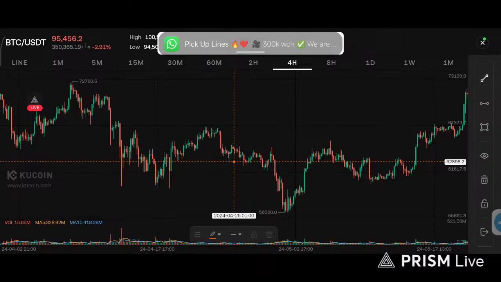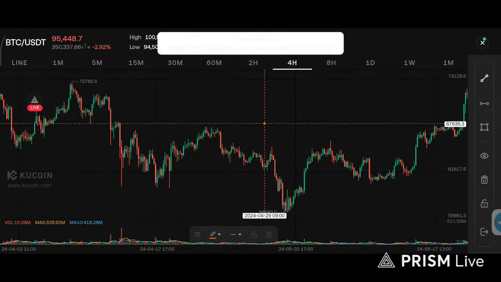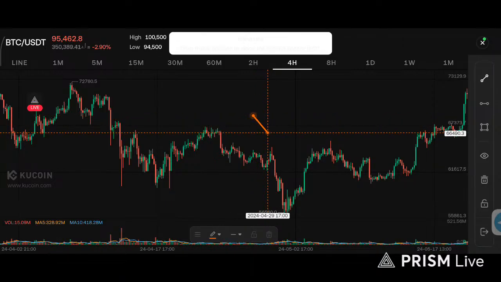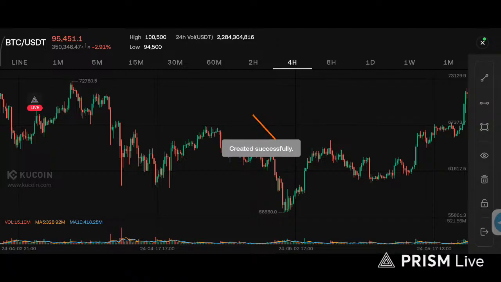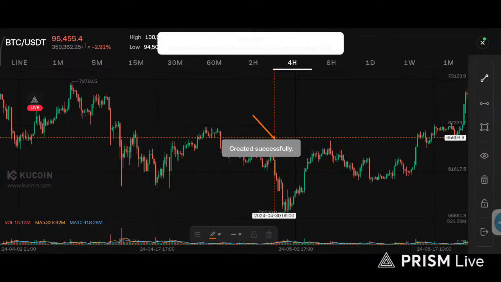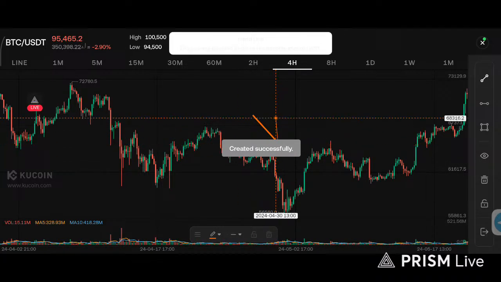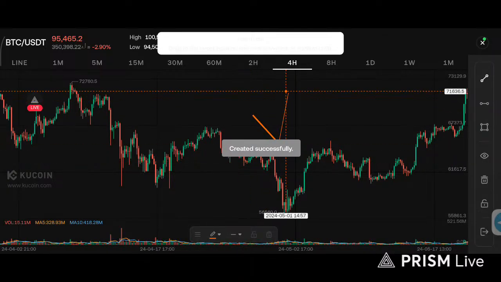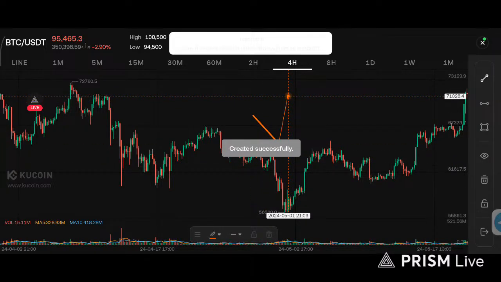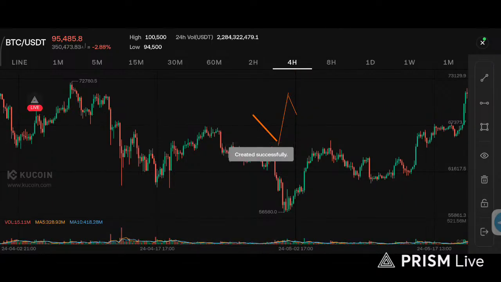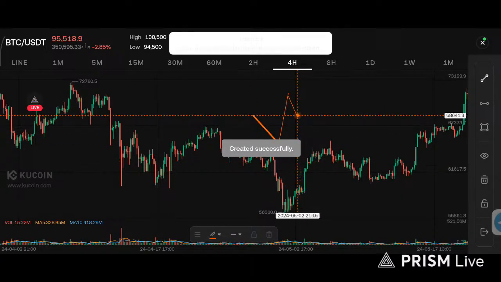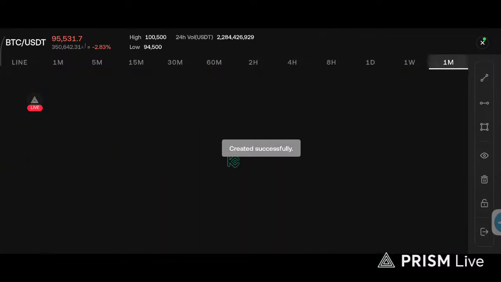You also have to follow. Let me just show you what it means. For example, the market normally goes this way, comes like this again, and goes up.